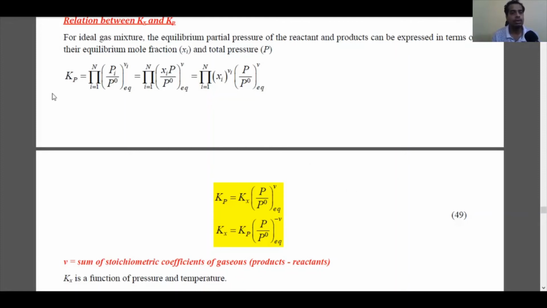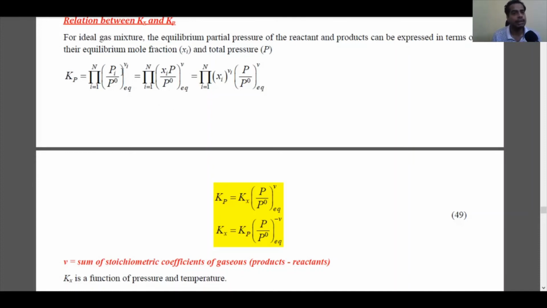So we know the equilibrium constant in terms of partial pressure is given as the pi product operator of Pi by P0 to the power Vi. What does this mean? This means the partial pressure of products raised to their stoichiometric coefficients divided by the partial pressure of reactants raised to their stoichiometric coefficients.